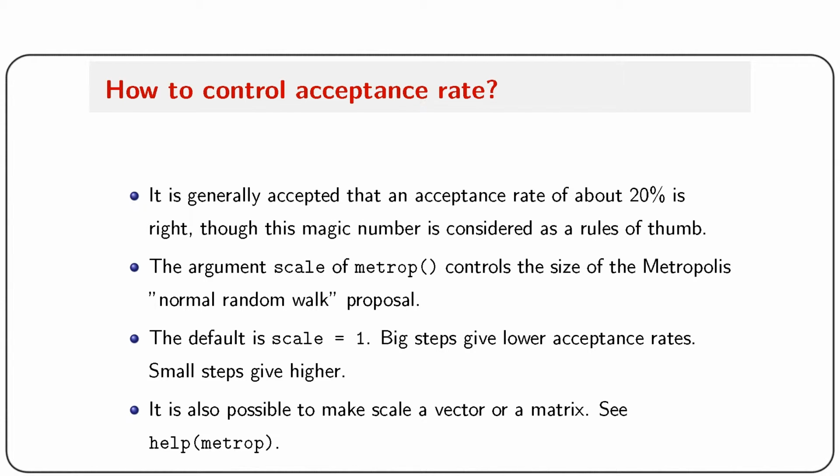Big steps give lower acceptance rates, smaller steps give higher. It is also possible to make scale a vector or a matrix. See the help of the Metrop function; the documentation there might help you get a better understanding of the complete use of Metrop.